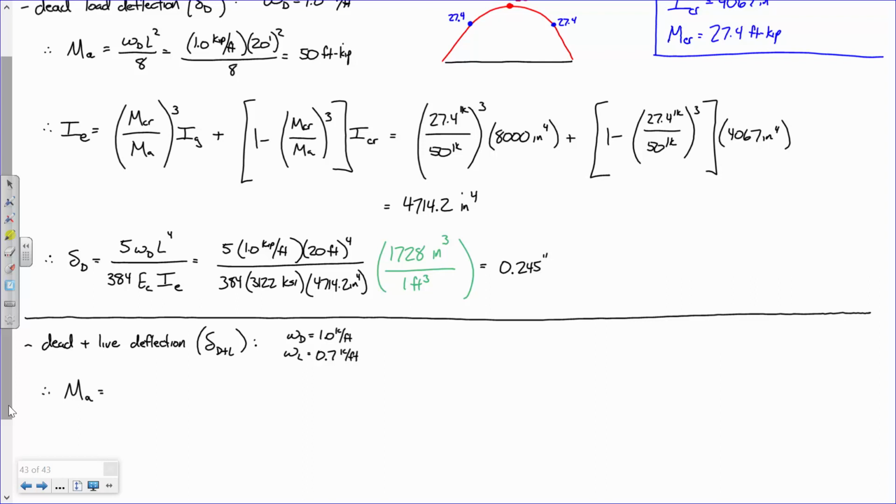WL squared over 8, but it's not just WD or WL, we're adding both of them. So it's going to be WD plus WL, L squared over 8.